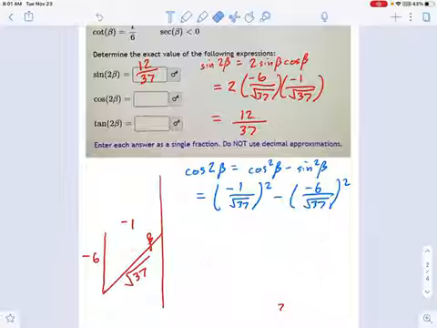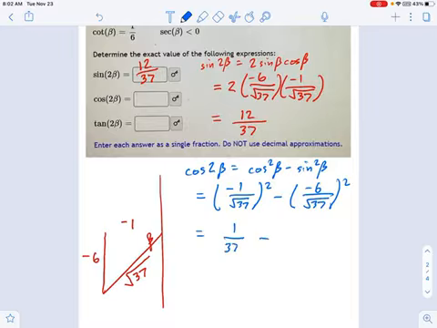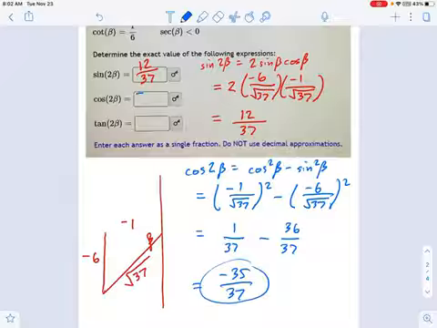Hope you have all that stuff written down. I still need to simplify this some more. So this is going to be equal to 1 over 37 minus 36 over 37. So what does that equal? Well, that looks like negative 35 over 37 for my cosine value.